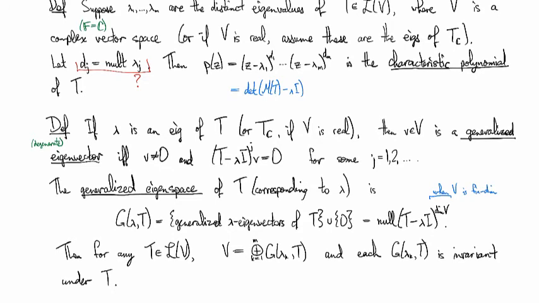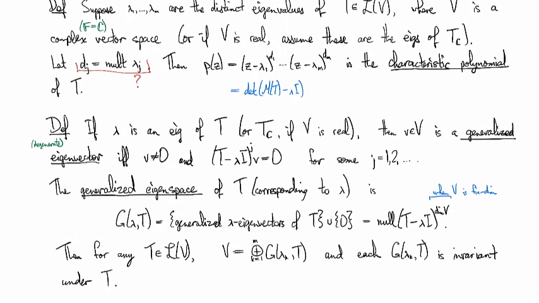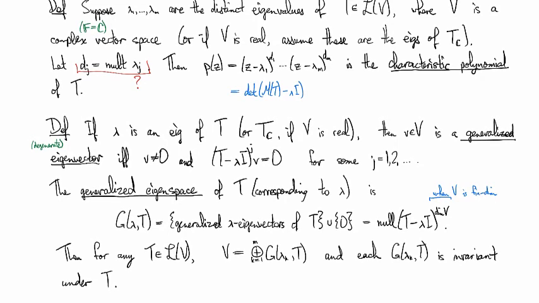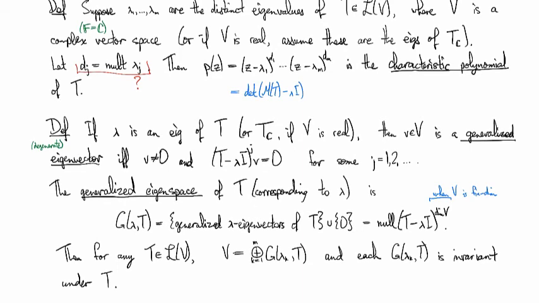So the dream and the hope is that you can find a basis of eigenvectors of T, for whatever your vector space is. And then the sad, harsh reality is that that's just not possible. And we've seen examples of when that fails, like when we have nilpotent operators or shears or things like that. A nilpotent operator is an operator that some power of which is equal to 0.